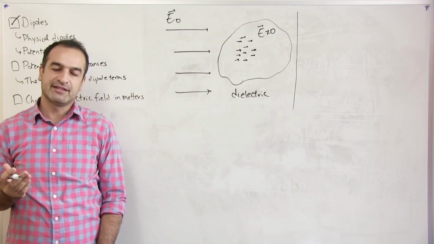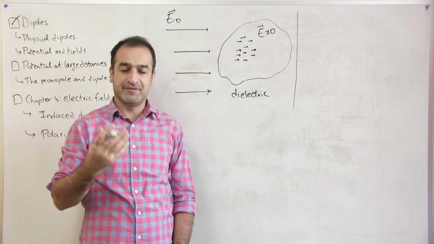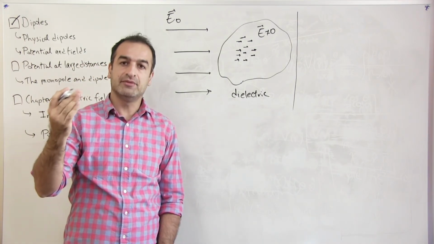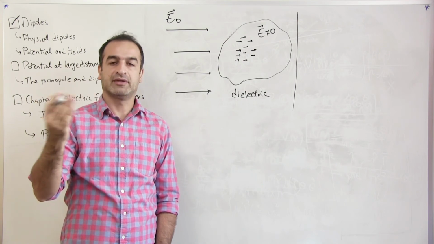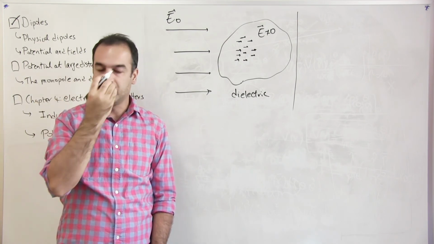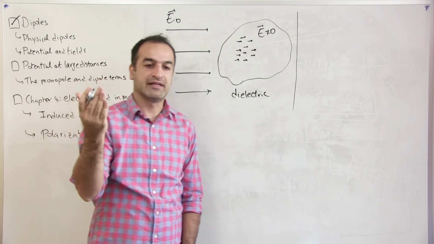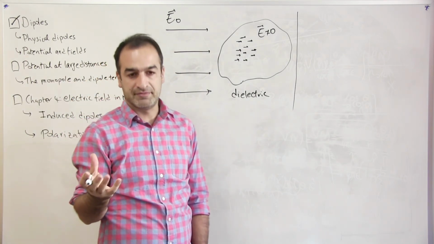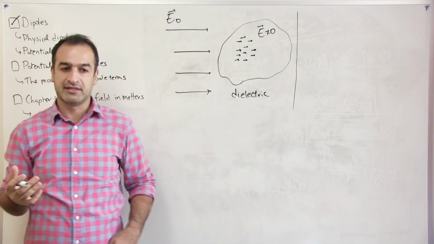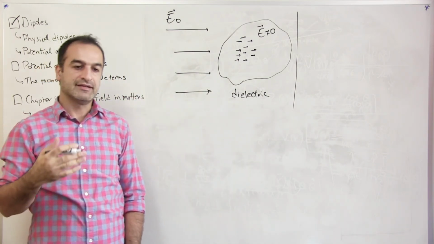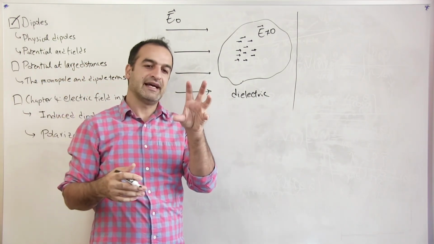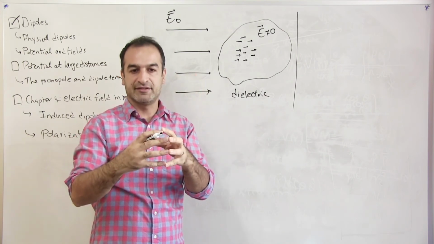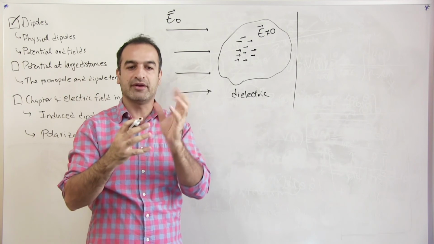Now you may ask a question: what if we have a material which is very pure and made of just atoms, and atoms are not polar? You can have materials made of non-polar atoms. You can have a gas like hydrogen and so on. What happens to those types of materials when we put them inside an electric field? It turns out even if an atom is not polarized, if you put it inside an electric field strong enough, you can polarize atoms.